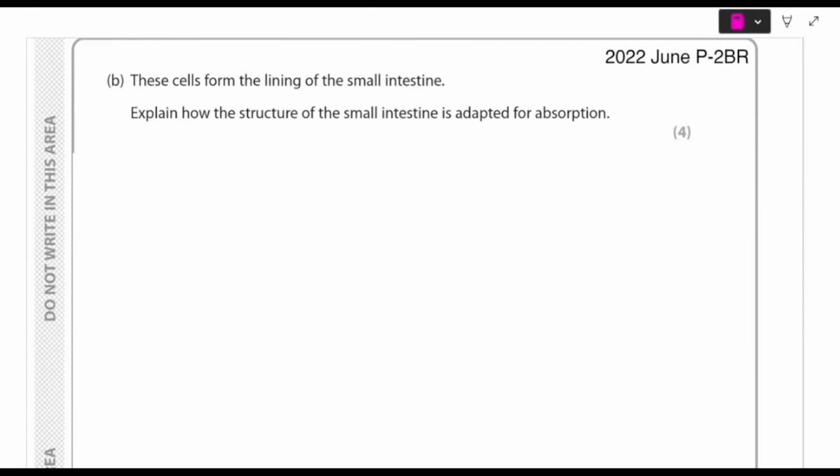Then they have thin walls for a short diffusion distance, and they have blood capillaries close to the walls to provide a steep concentration gradient. And lastly, they have lacteals, which absorb lipids.